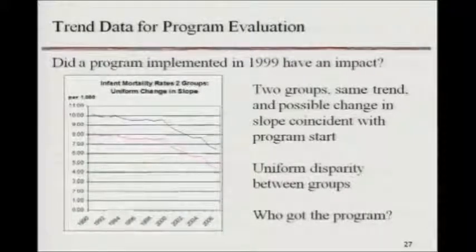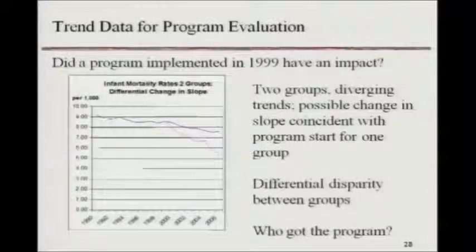There's something else going on out there in the greater world that, regardless of the program, we're seeing improvement. You also can't immediately tell from this which group got the program. Did you target just the high-risk group? How equivalent are the groups? Was it the higher risk group? Was it a lower risk group? Who was in your program?